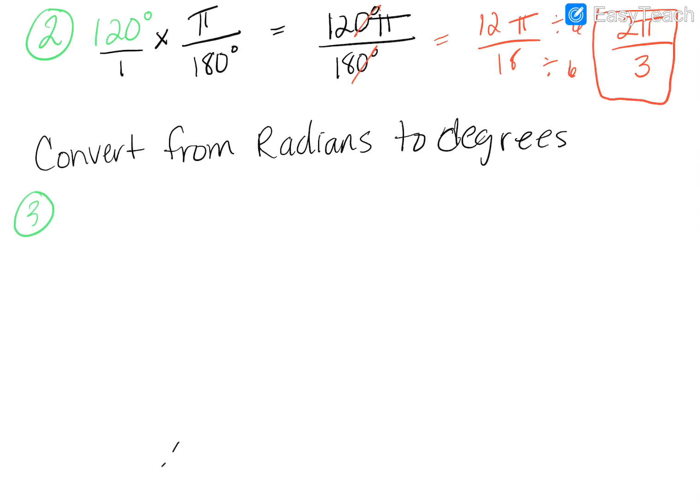Let's say we have 3 pi over 4, and I want to convert that to degrees.